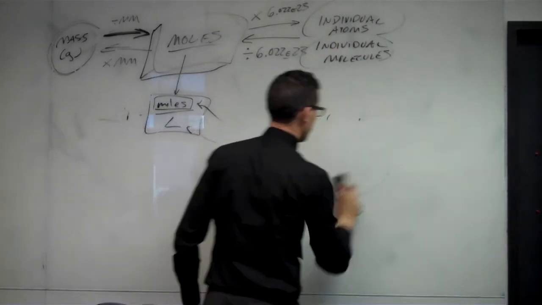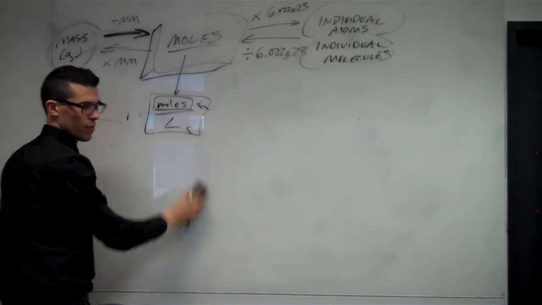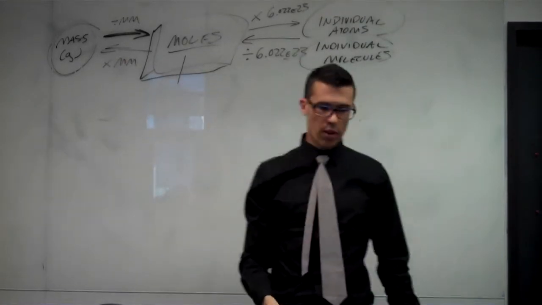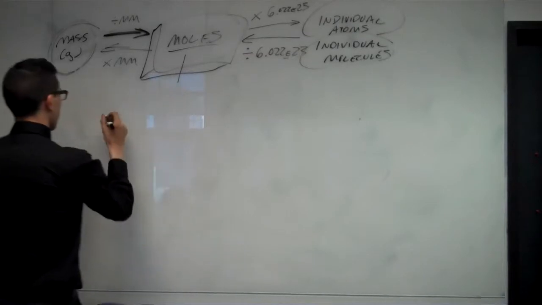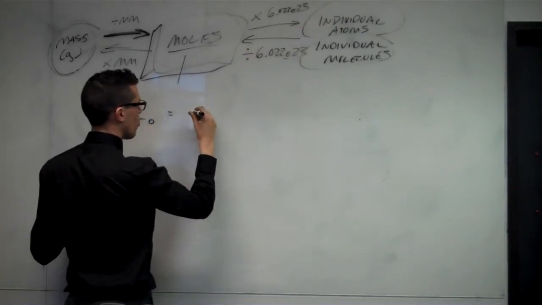All right. MoLo equals MnLn. What does this mean? Old and new.